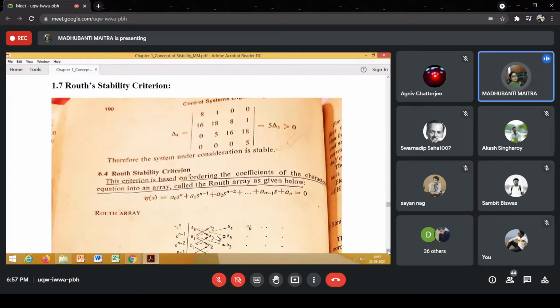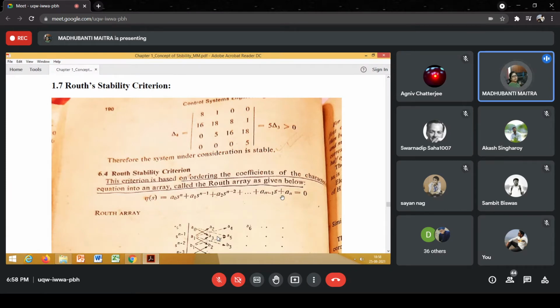So what is our first task? As I said, first of all, we'll have to check whether all the coefficients are present or not. Then we'll have to check whether all the coefficients have the same sign or not. If these two conditions are not satisfied, then we can conclude that the system is not stable, right?